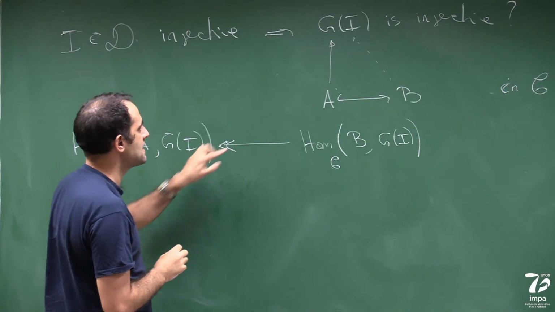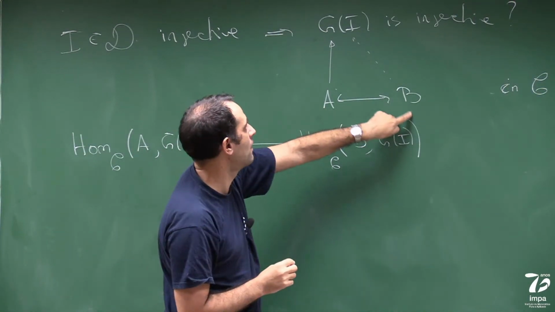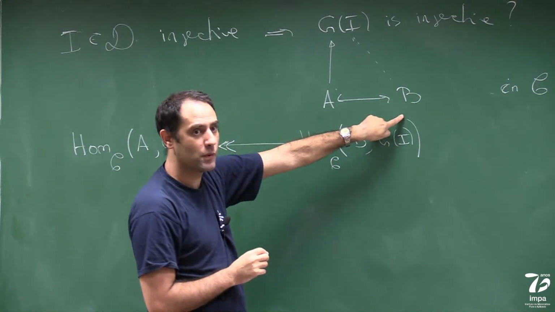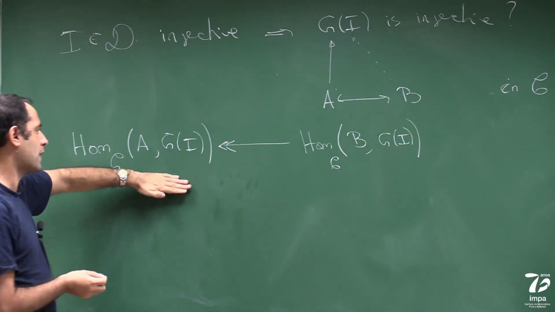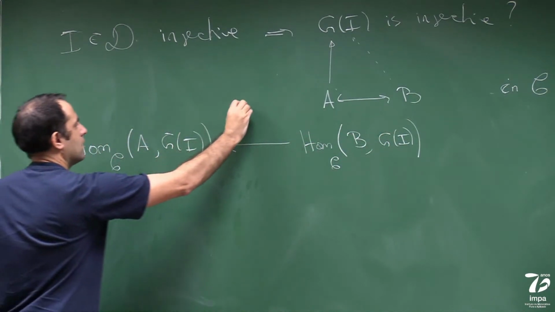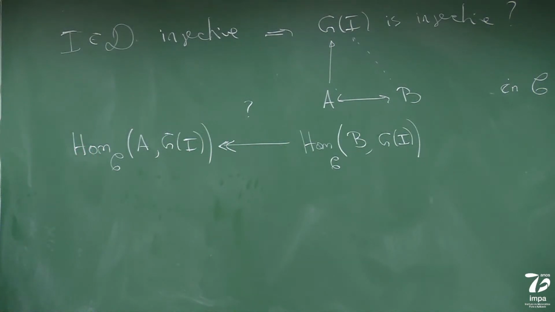So this surjection means that anything here comes from such a thing by composing with this map. That's what I want to check, whether or not this is surjective.